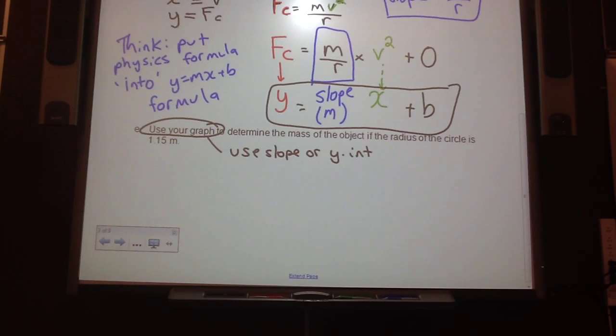Okay? So in this case, I'm going to teach you two ways to do this. This example, we're going to do it by hand. The next example, we'll do it by calculator. So take out your graph that you made yesterday, the straight line one.